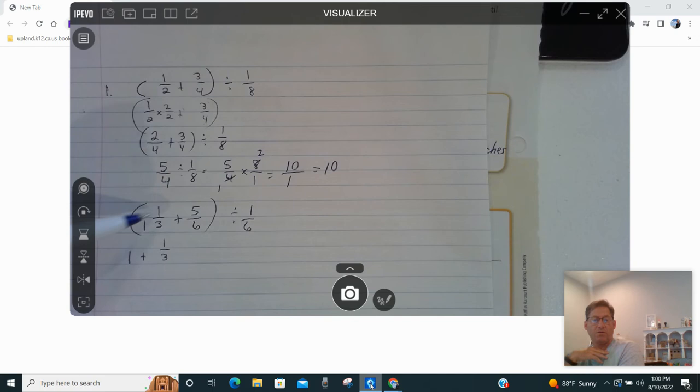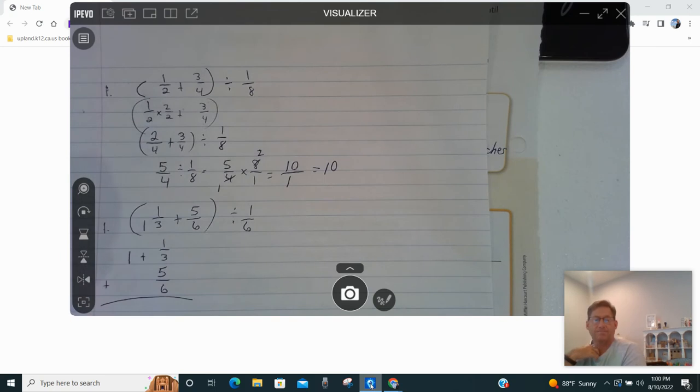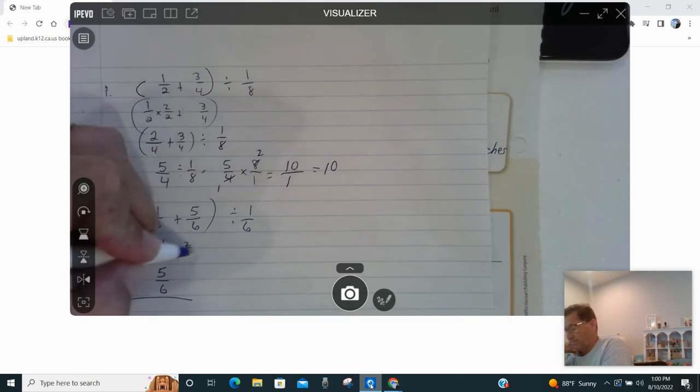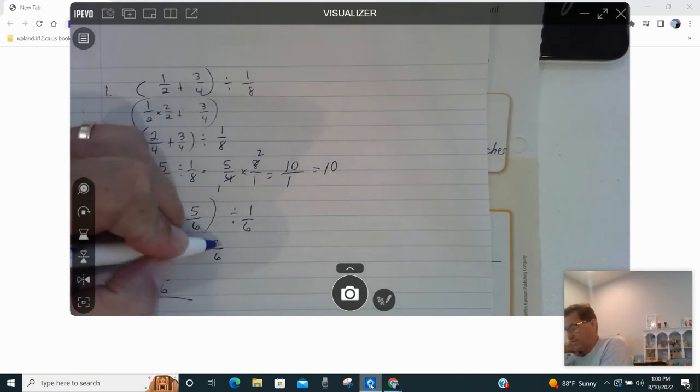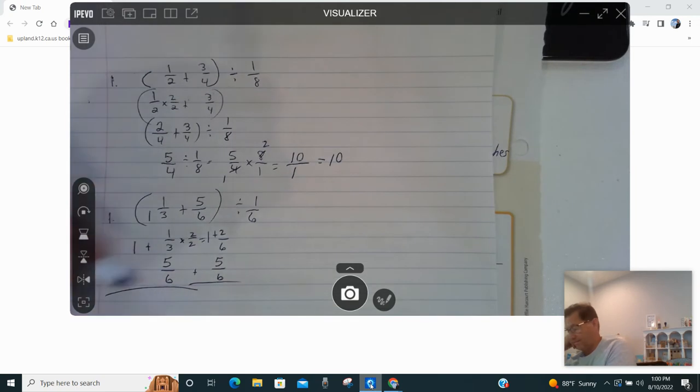So I know that 1 1/3 can be written as 1 plus 1/3. I'm going to add that to the 5/6. So 1/3 can become sixths by multiplying by 2. So we have 1 plus 2/6 plus 5/6.